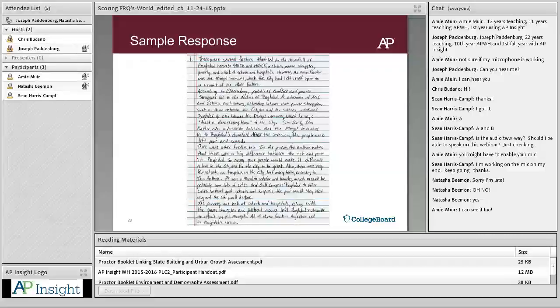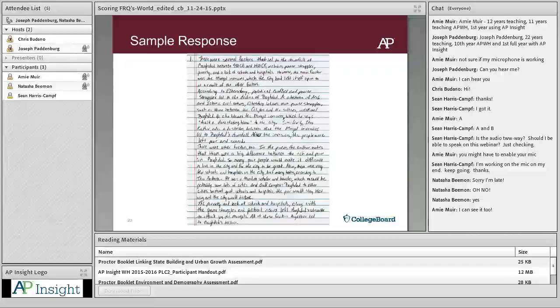So this would be their entire response, this one page? This was the entire response, which is not true for the read. You'll read 7 or 8 pages for a DBQ at the read.